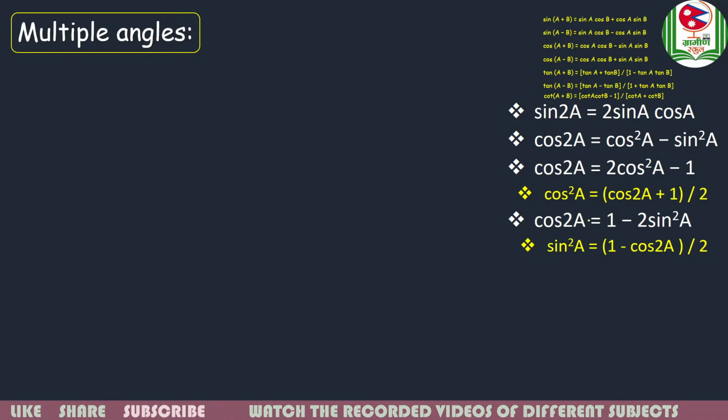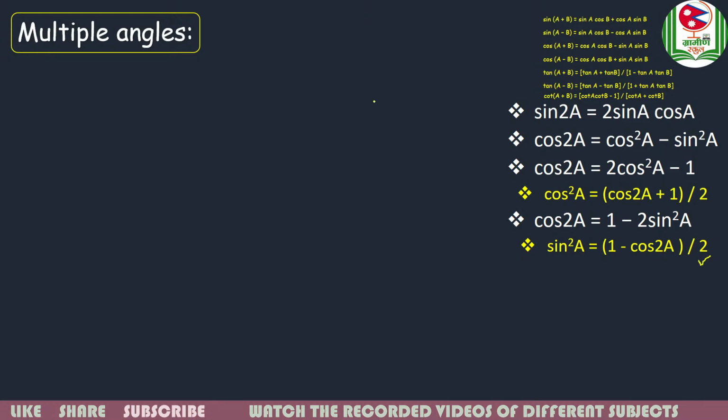Similarly, cos 2A is equal to 1 minus 2 sin square A. The main formula cos square A minus sin square A can be derived into 1 minus 2 sin square A, which can also be written in the form of sin square A, that is (1 minus cos 2A) upon 2.